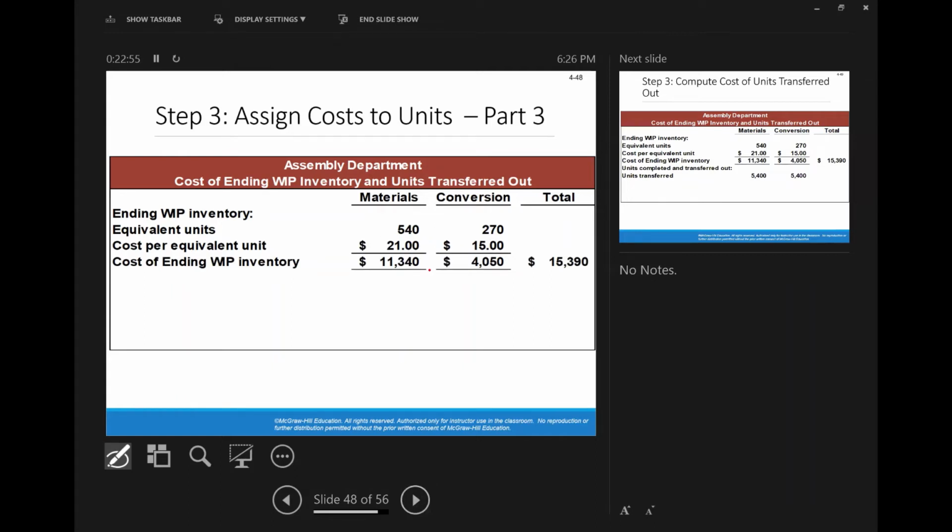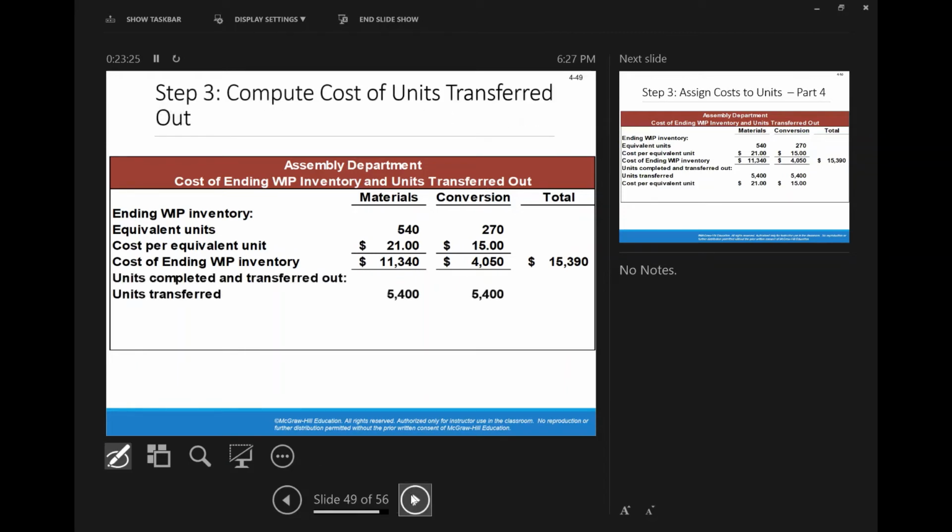So we have 11,340 and we have 4,050. So remember on the example when it said beginning work in process and those numbers that came in based on what was happening from the previous period. Now at the end of this, let's say it's months, at the end of this month, this would be what we're carrying forward in the work in process, a total of 15,390. So that's our materials and our conversion costs.